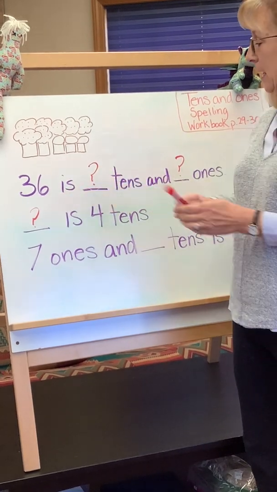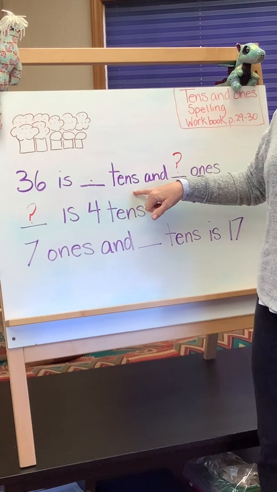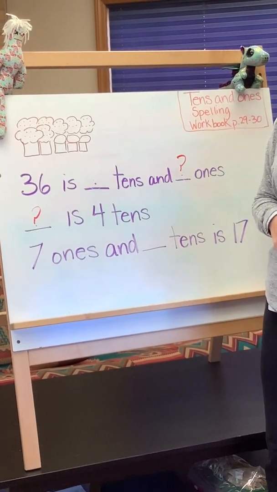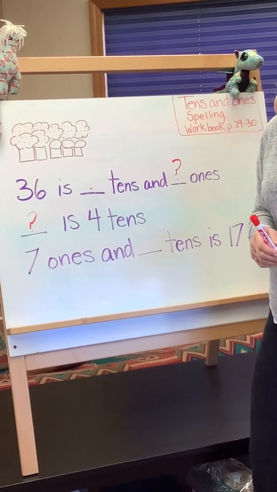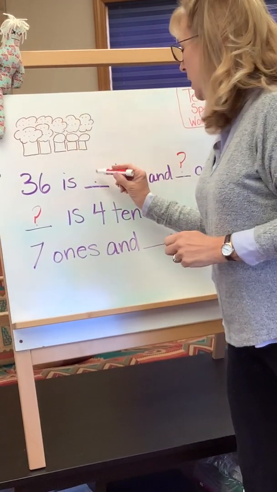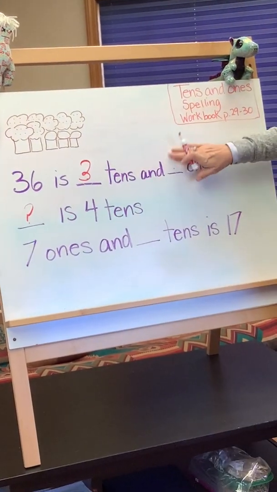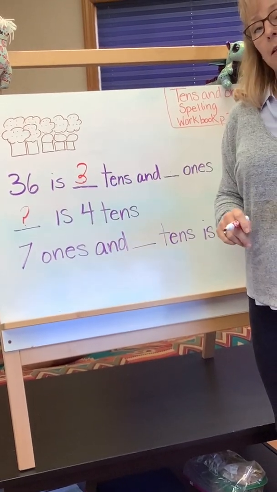So if we were going to answer that, how many tens, how many groups of 10 are there in the number 36? You thinking about it? I can kind of feel your thinking thoughts. Here it is. It's 3 tens. And then how many ones are in the number 36?